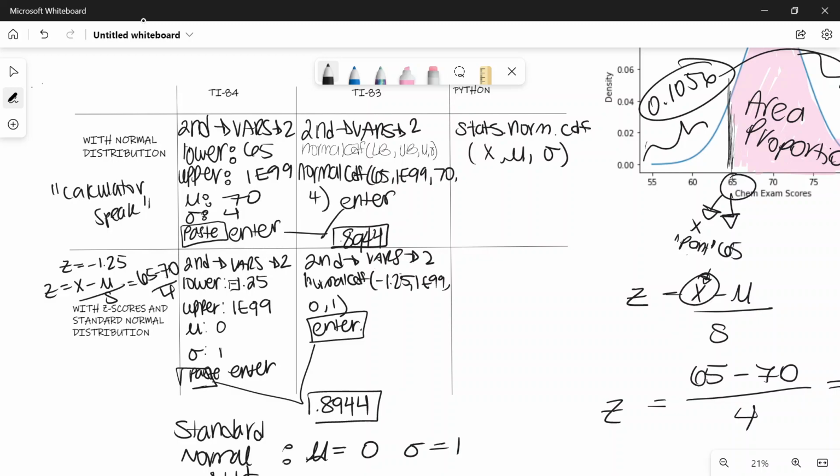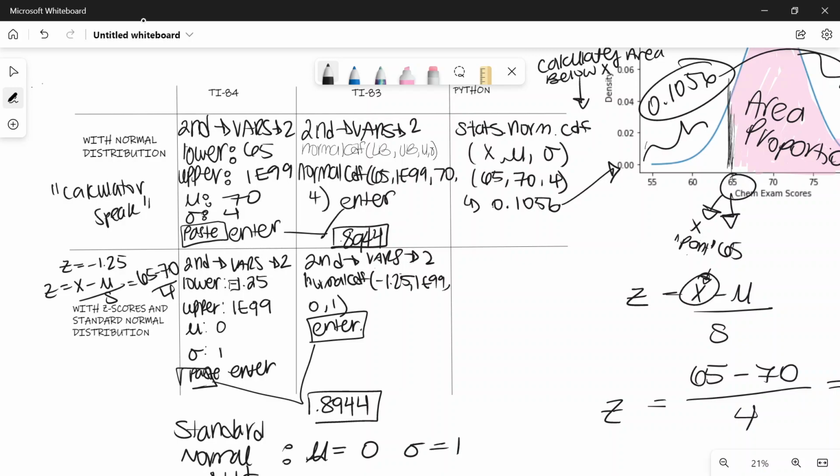stats.norm.cdf, right? You would put in those values for your normal distribution, so you would just put in 65. So what did we say? It was 65, 70, 4, and then when we entered that, it gave us 0.1056, which is the area of this, because CDF in Python calculates area below x always.